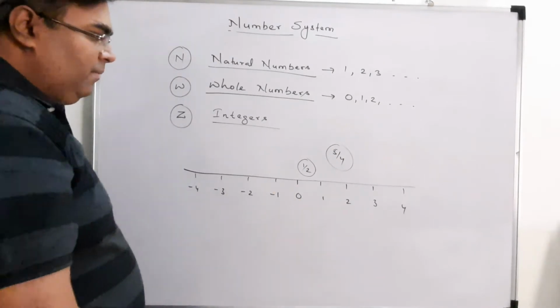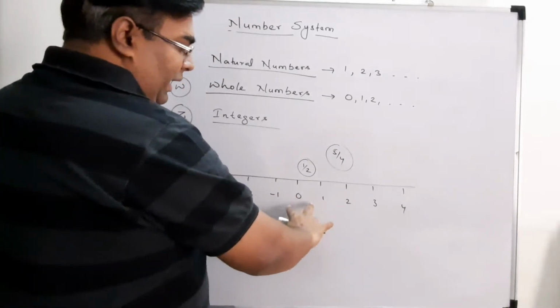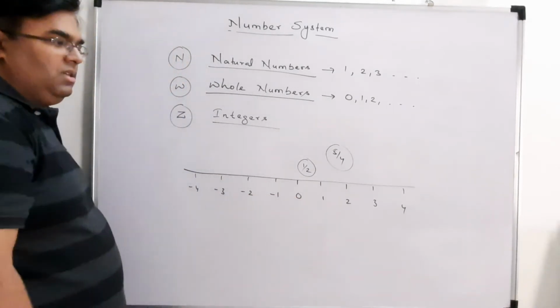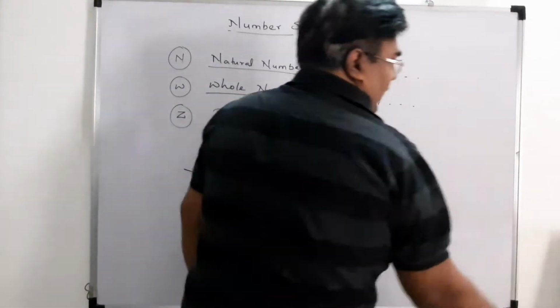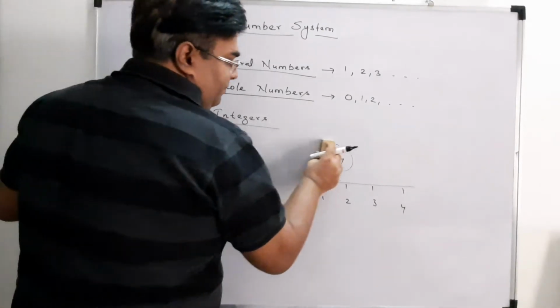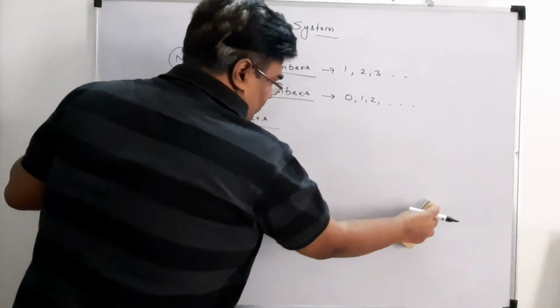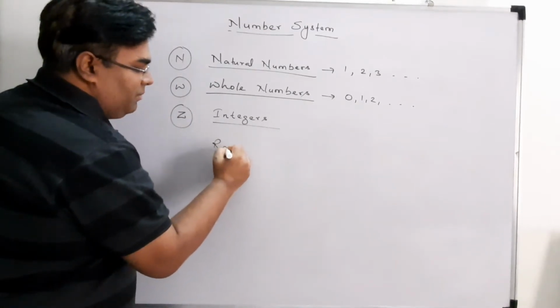Basically all these numbers are there on the number line in between any two integers. So we will introduce a new kind of number here, which is called a rational number. So my fourth is rational number.